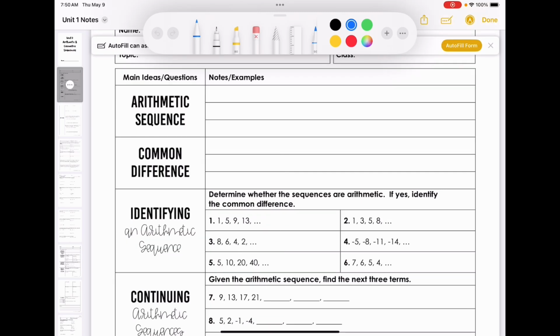All right, today we're going to begin notes on arithmetic sequences, and this is in the budget project notes packet. So to start out, we're going to define an arithmetic sequence.